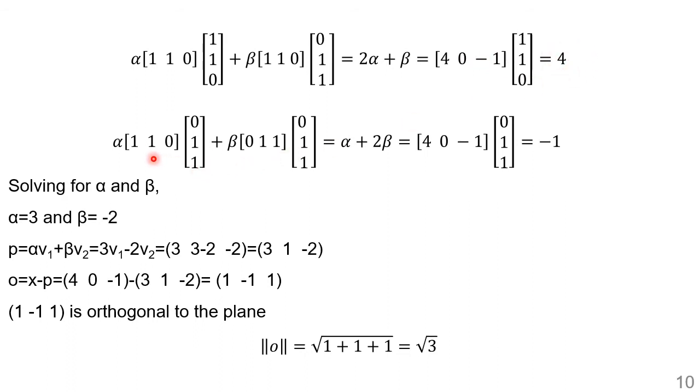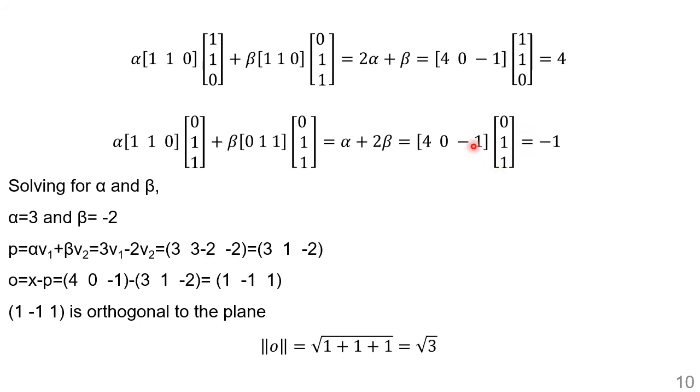Similarly, we have alpha into v1 transpose multiplied by v2, plus beta into v2 transpose multiplied by v2, that will give us alpha plus 2 beta is equal to x transpose v2.